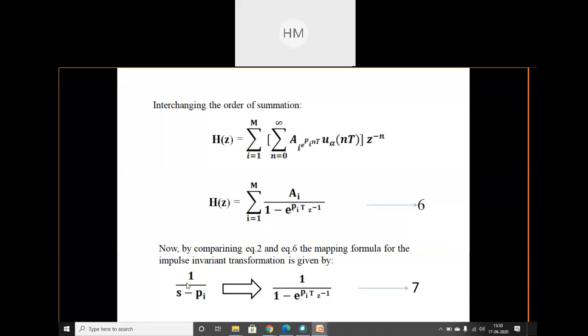There you simplified and got two functions, 1 upon S plus 1 minus 1 upon S plus 2. So 1 upon S minus p_i. Elaborate this equation in terms of equation 7. Getting, students? So after that, you will get this kind of equation.